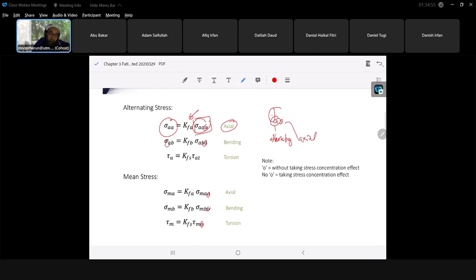Same also this one A, alternating. Then this used for bending, just to differentiate between axial and bending. For torsion it is already different. Same also this one, this O is the original. If you don't want to use the O, it doesn't matter. Just to make a difference between before multiplying and after multiplying.